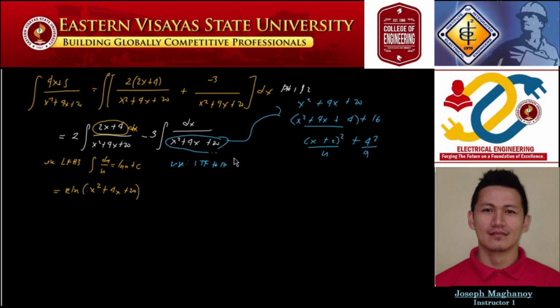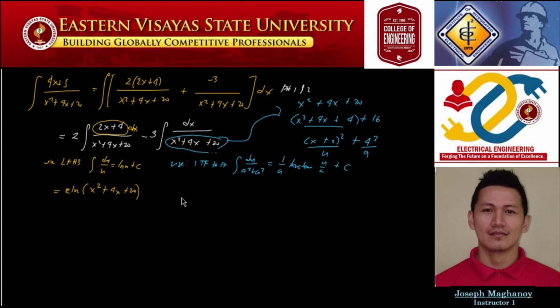What's ITF 17? So that is integral of du over a squared plus u squared is equal to 1 over a arctan u over a plus c. So we can use this for our second term.